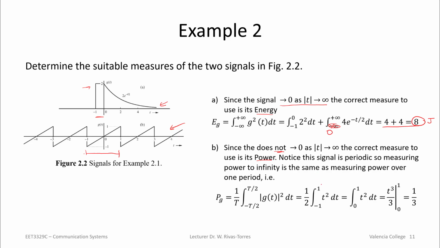So that's what we're going to integrate. If we define the period, T would equal 1 minus -1, which is 2. That's where this 2 comes from. So with simple integration, we end up with a power of 1/3. And again, in MKS units, that would be watts, or 1/3 watt.